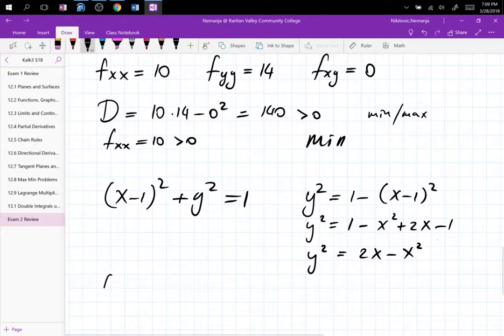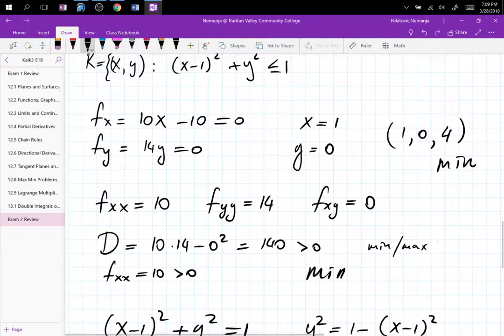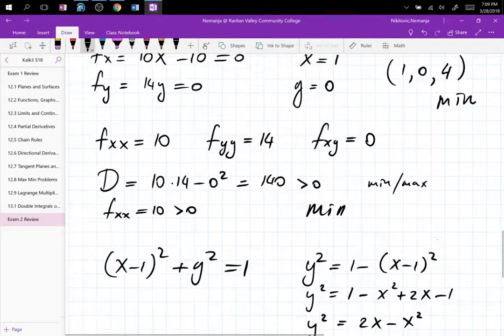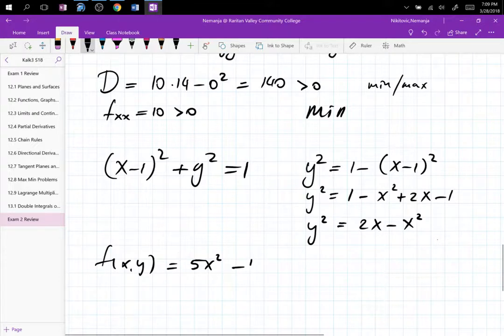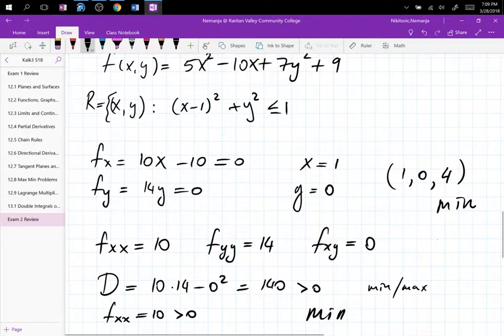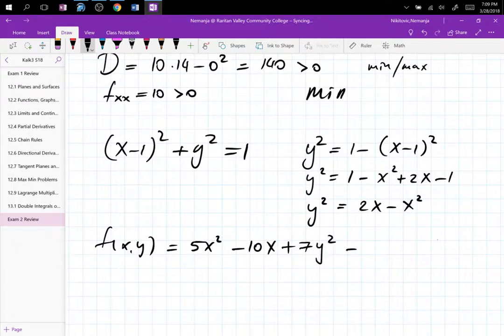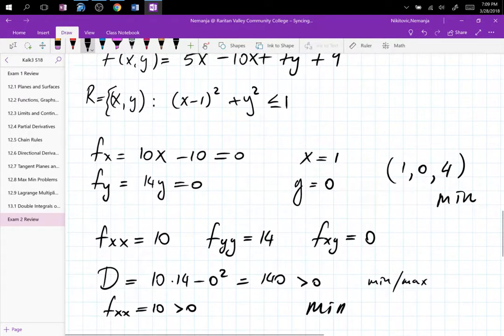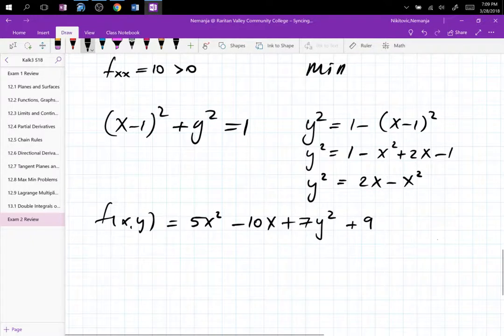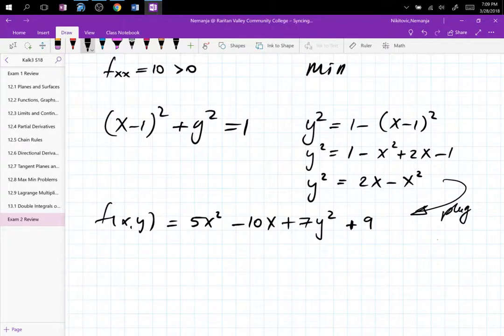I also have my function f of x, y, which was 5x squared minus 10x plus 7y squared, minus 9, right? Plus 9. Thank you. So now what I'm going to do is I'm going to plug in. And as soon as you plug in, you killed your y's, so this becomes a function of x.